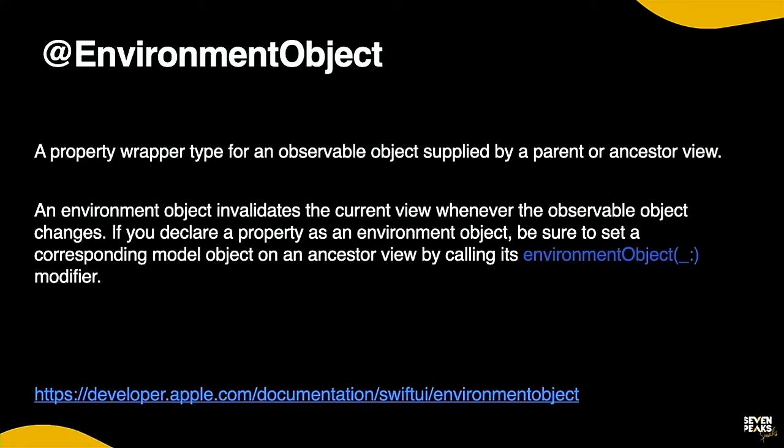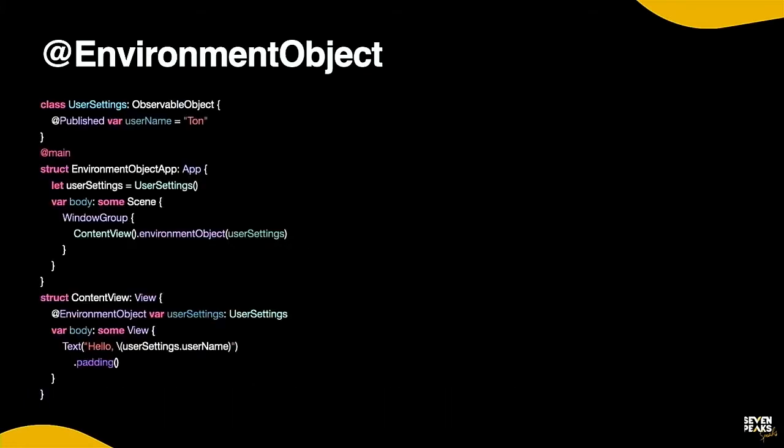Next, environment object. The environment object property allows us to create views that can share data. If you create a user that will be shared across many parts of your app, for example app settings or user settings, it's great to use an environment object. Here's an example.